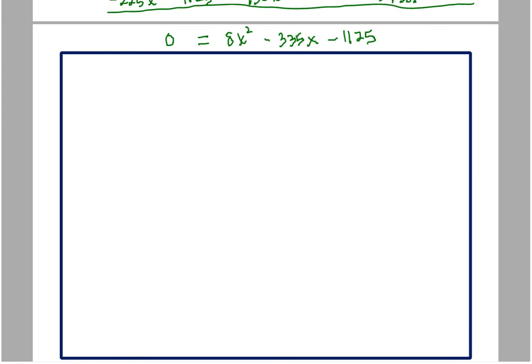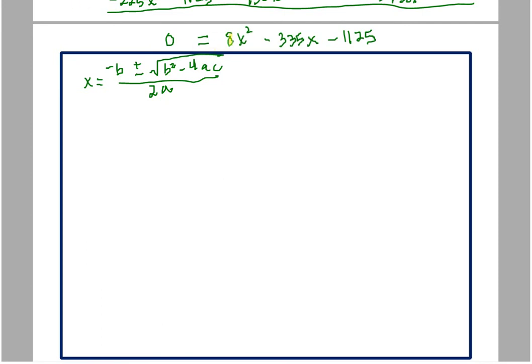It's fairly simple. So to figure out what x equals, once we've got it equal to 0, the quadratic formula is negative b plus or minus the square root of b squared minus 4 times a times c, over 2a. So let's figure out what pieces are which.